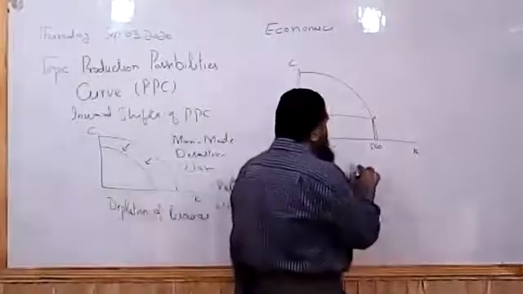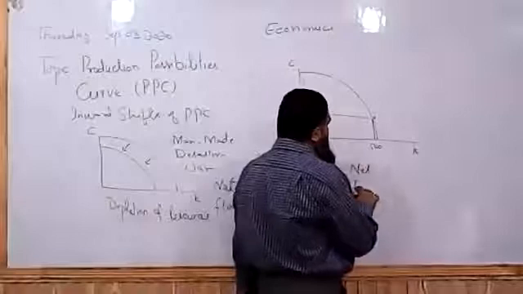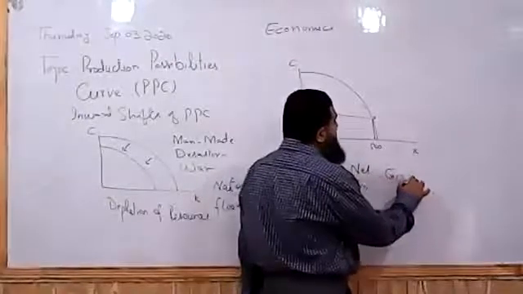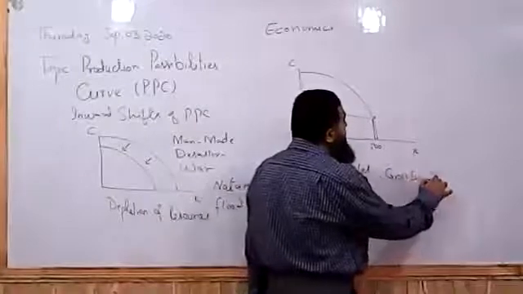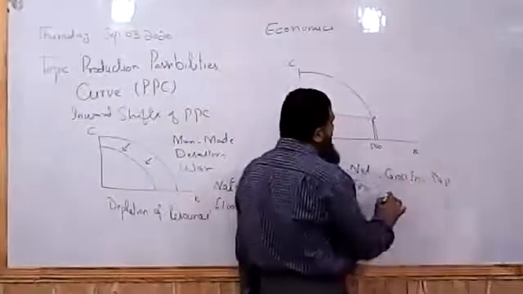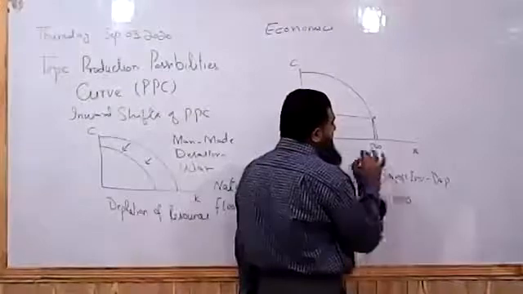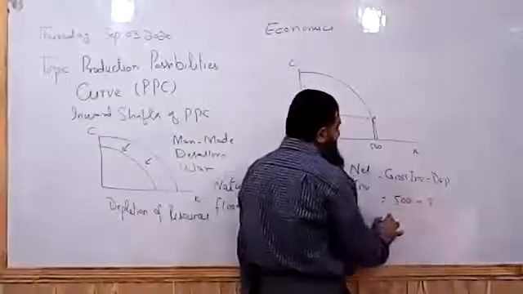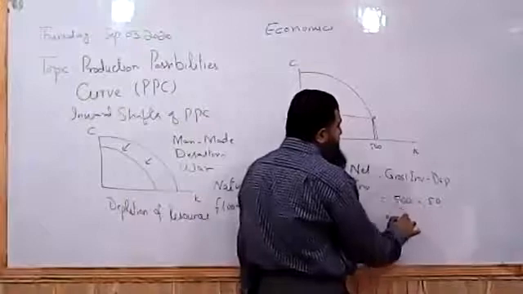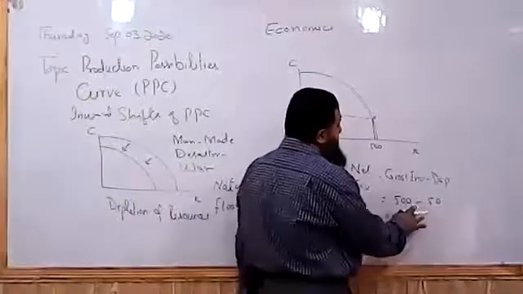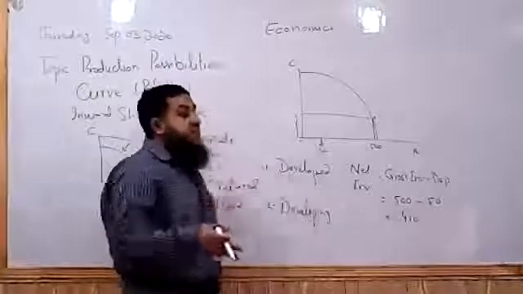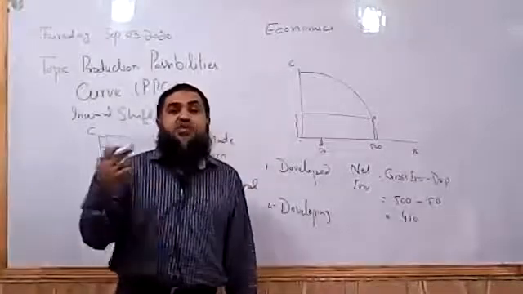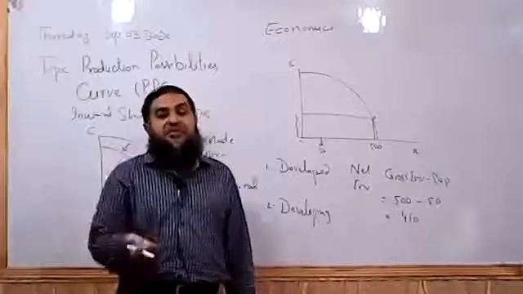So its net investment is what? Gross investment minus depreciation. At gross level, it is producing 500 capital goods and 50 have been depreciated. So it's able to produce 450 capital goods. So it means its man-made resources are now accumulating. Its potential to produce more goods in future will be increasing.